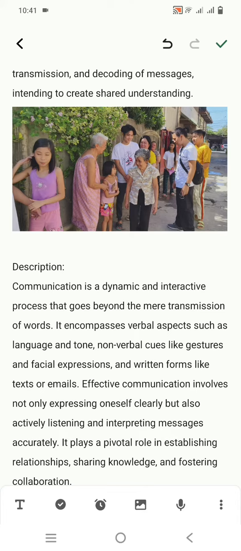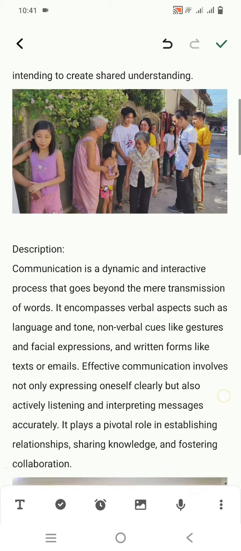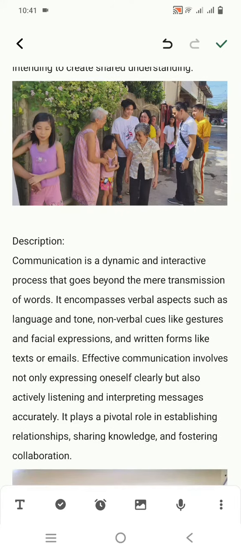Effective communication involves not only expressing oneself clearly, but also actively listening and interpreting messages accurately. It plays a pivotal role in establishing relationships, sharing knowledge, and fostering collaboration.